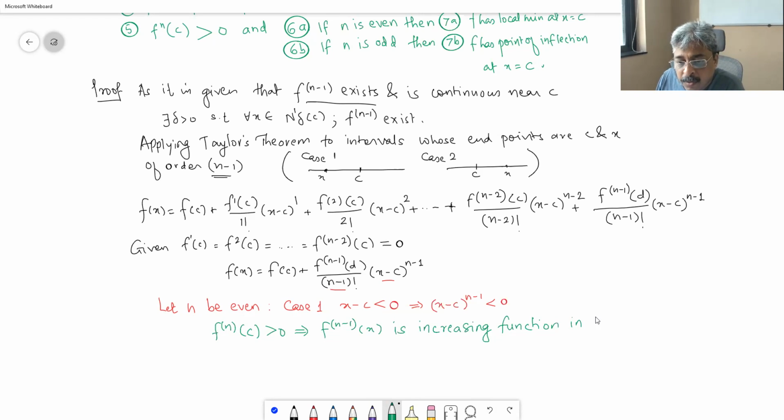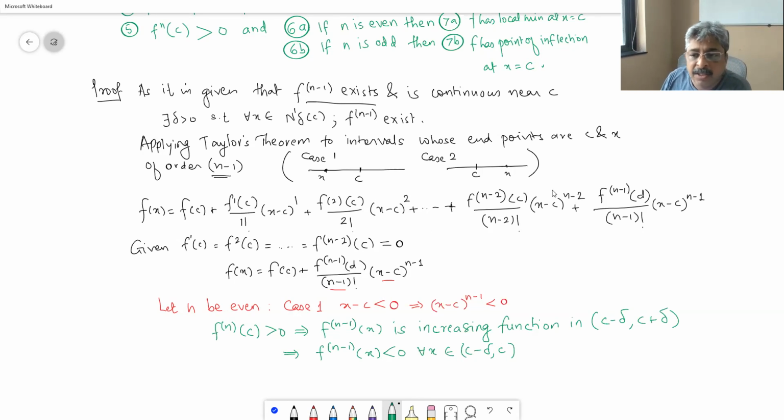In c minus delta to c plus delta. Okay, so in our case, which case is going on? c minus delta to c. This implies f n minus 1 of x is less than 0 for every x belonging to c minus delta to c.